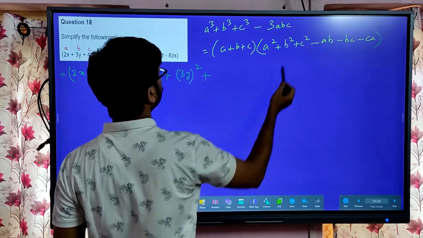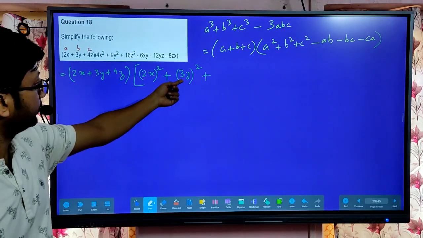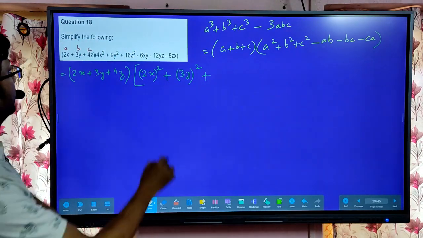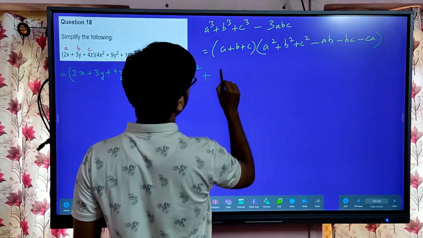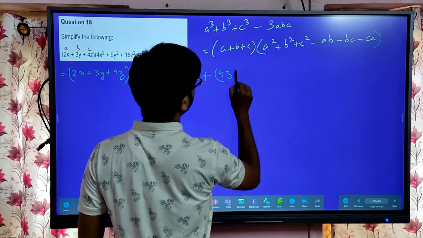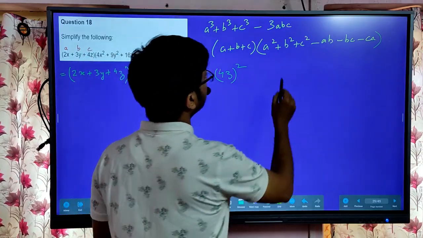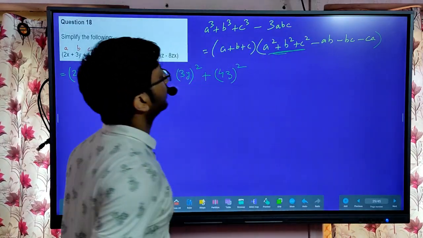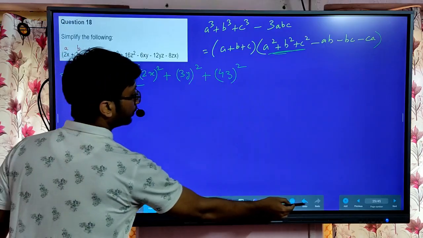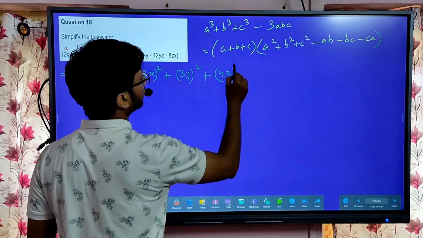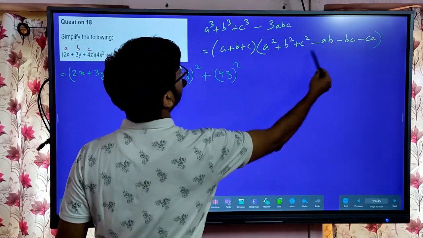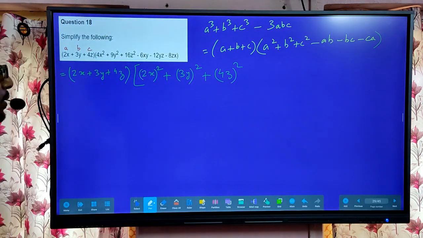You see, a square, b square, c square. So this is a square, this is b square, this is c square. C square is 16z square, so 16z square can be written as 4z whole square. So up to this portion we have done. Then this ab, bc, ca portion.